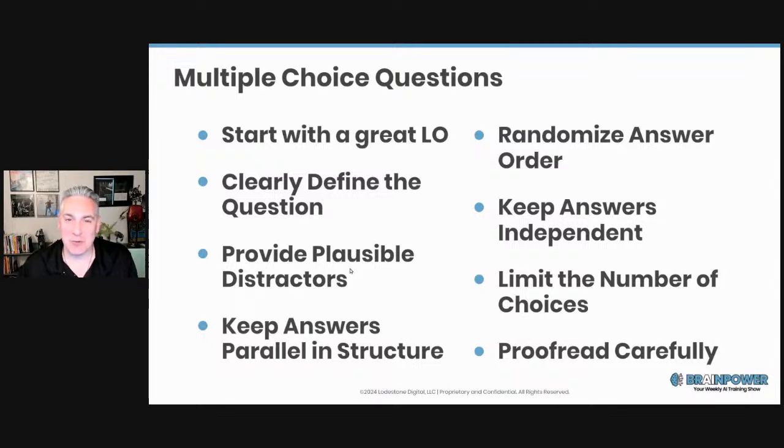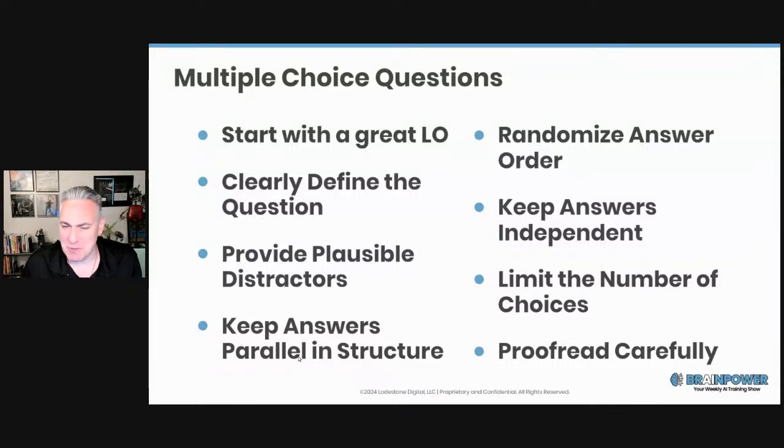We don't want a massive contrast between the correct answer and your distractors. You want to keep the answers parallel and structured. They should be the same length. Typically, the correct answer is the longest answer, and the distractors are the shorter answers.